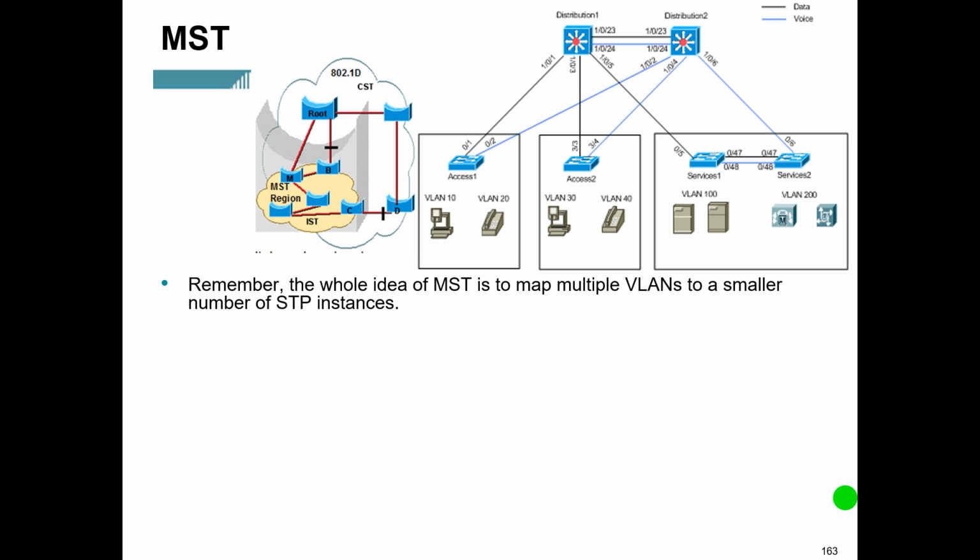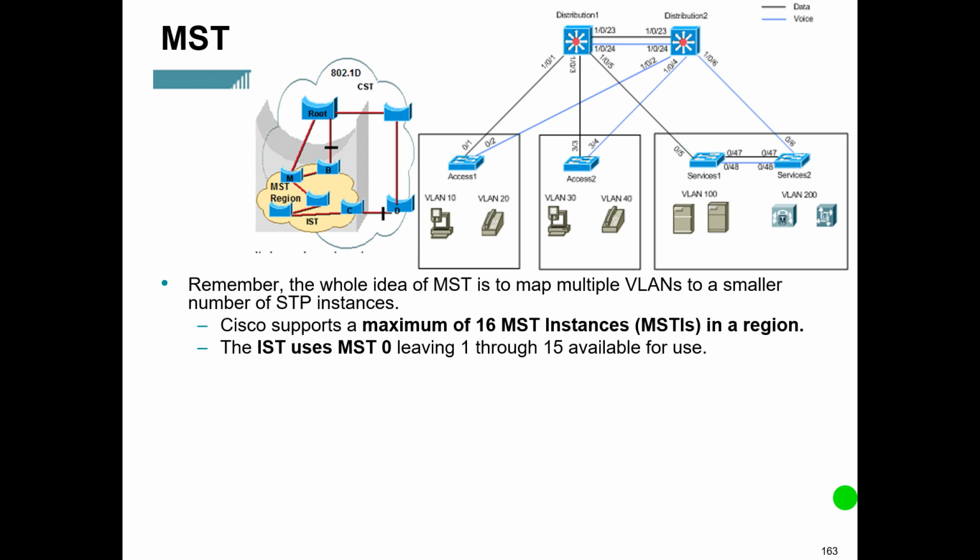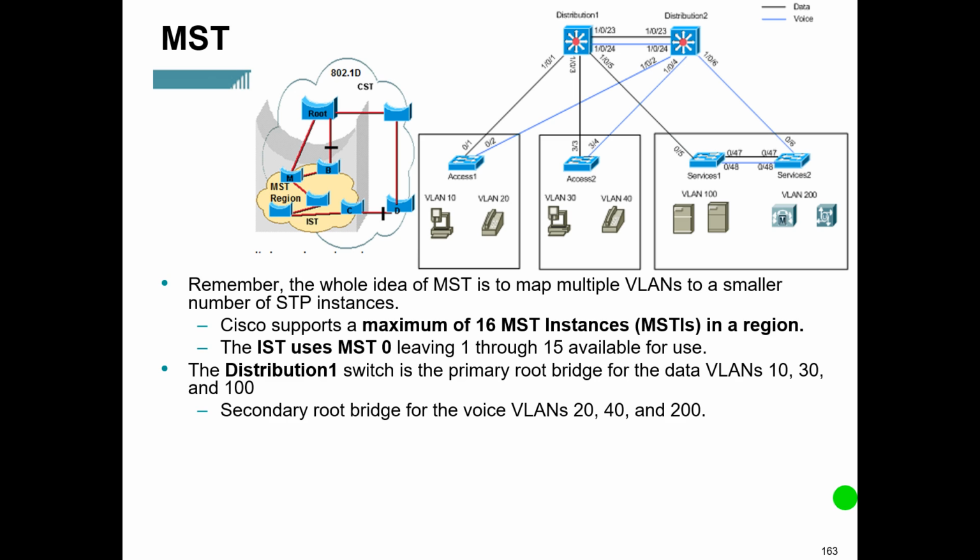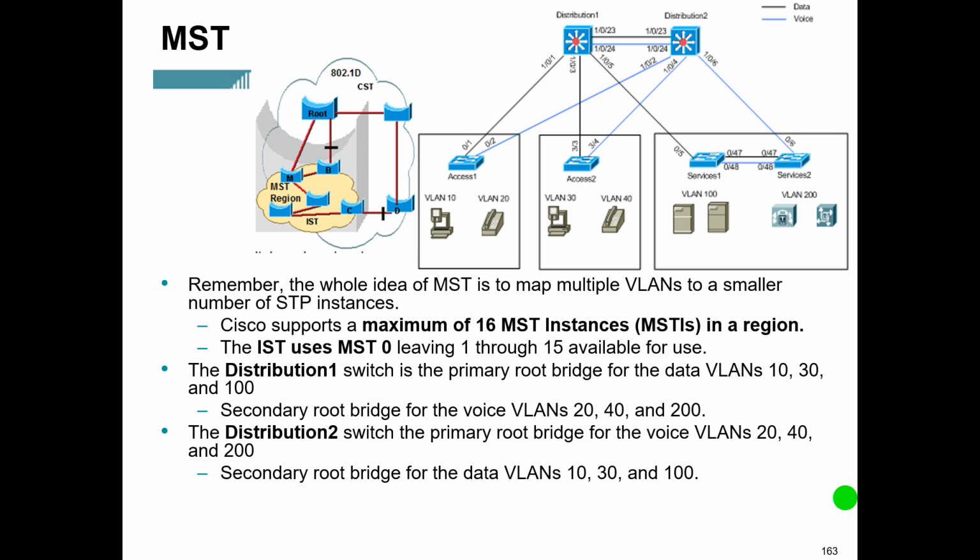So many. With MST, remember that the whole idea is to map multiple VLANs to a smaller number of STP instances. Cisco supports a maximum of 16 MST instances in regions. The IST uses MST 0, leaving 1 through 15 available for use. The Distribution 1 switch is the primary root bridge for the data VLANs 10, 30, and 100, while the secondary root bridge for voice VLANs 20, 40, and 200 exists.